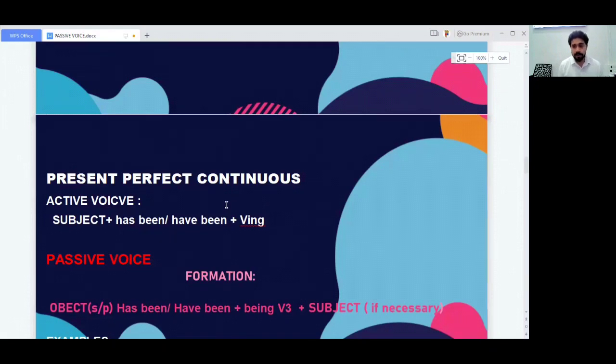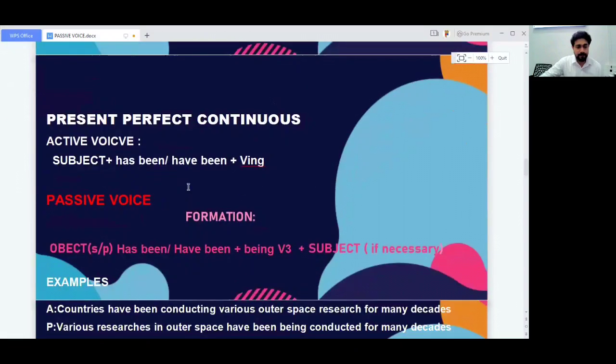So I don't want to force you here. Some people say that there's no way we can make a passive voice in present perfect continuous tense. No problem. But if you say that there is a possibility, yes, there is a possibility we can do that, because as long as you have a transitive verb, you can do that.